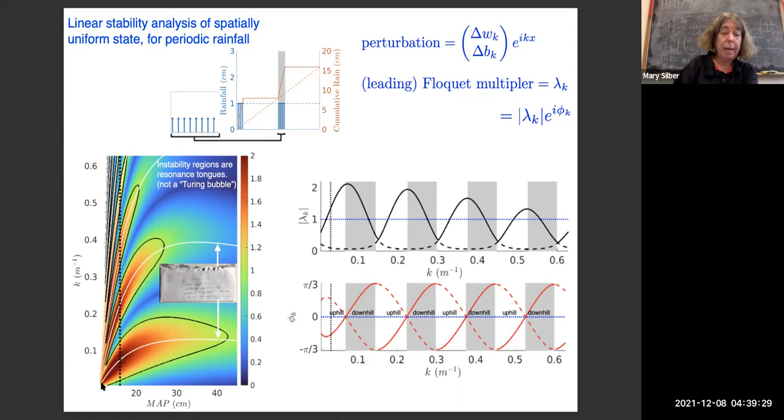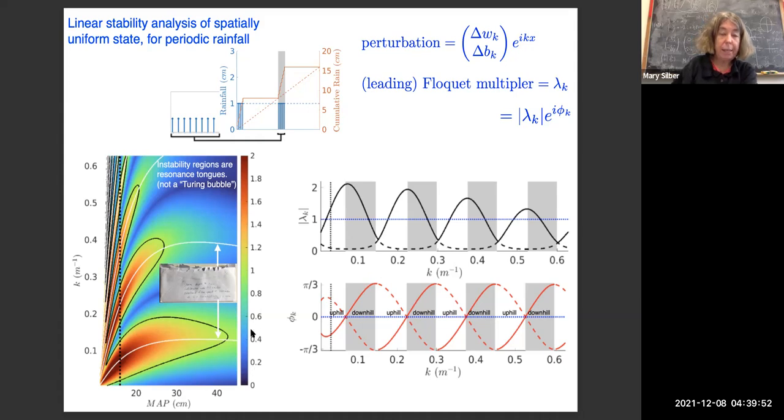We do it as a function of k, and also as a function of how much rain came into the system over the course of the year. We had some number of pulses, and we just increase how large they are to increase the mean annual precipitation.